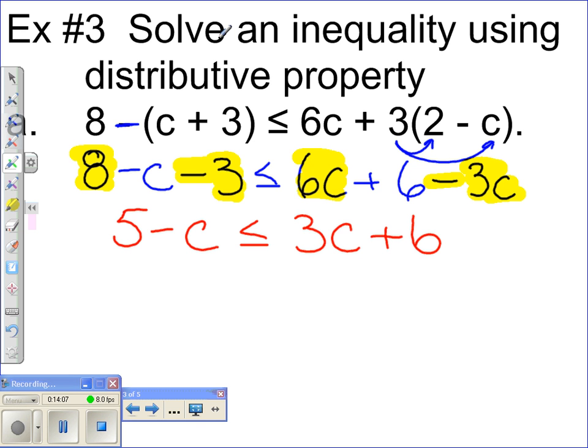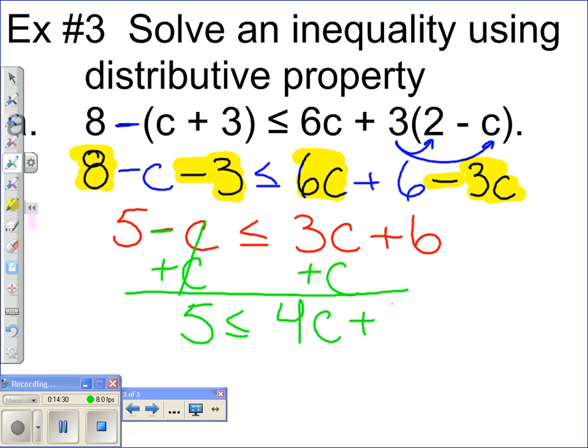Which variable is smaller? The negative c or the 3c? Right, the negative c. And a negative c we'll get rid of by adding c. That's the opposite. So 5 will be less than or equal to 3c plus c makes, good, 4c.